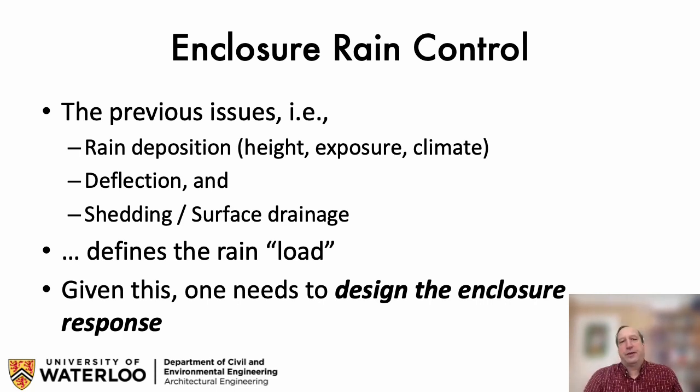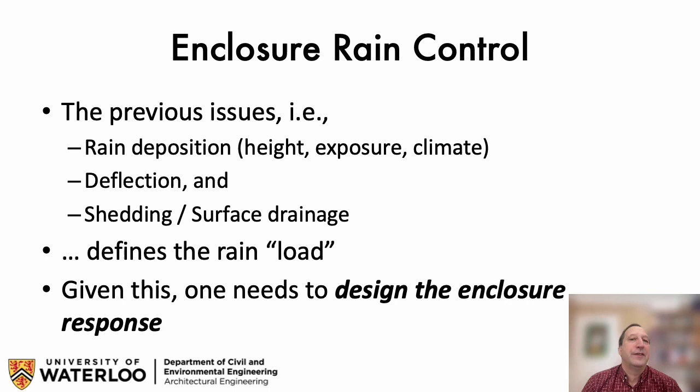So all of those previous issues about deflection, rain deposition and exposure, height, surface features, etc. What we're doing is trying to get a better handle on how much rainwater hits the wall. Is it 10 kilograms per square meter per year or 100 kilograms per square meter per year?